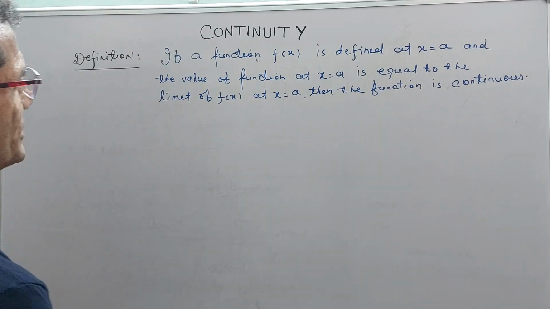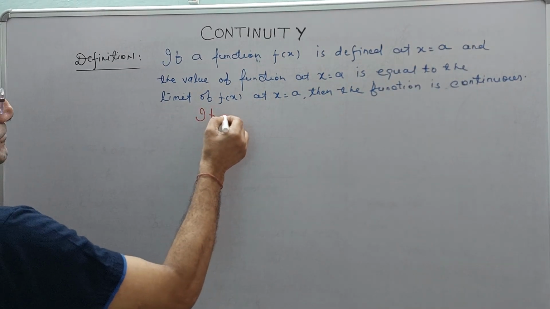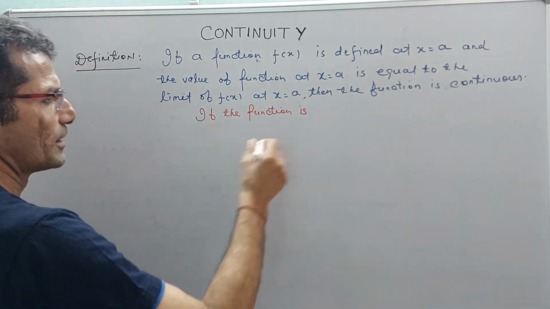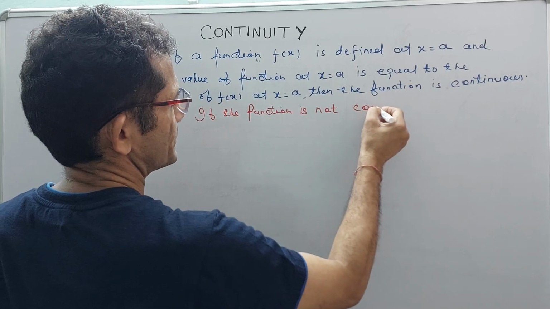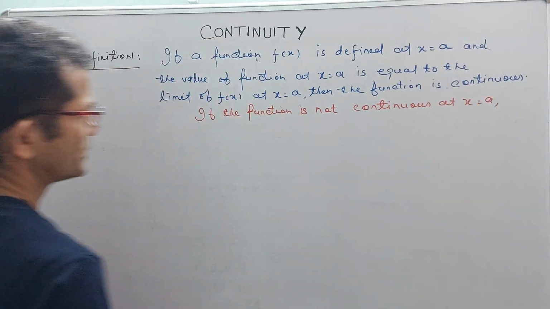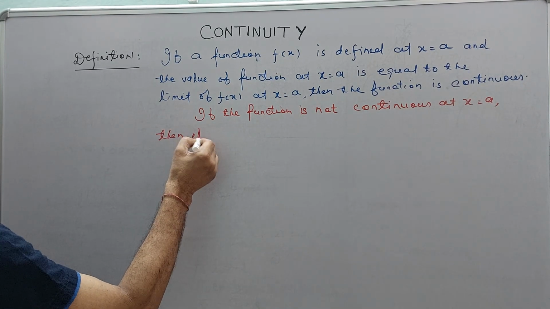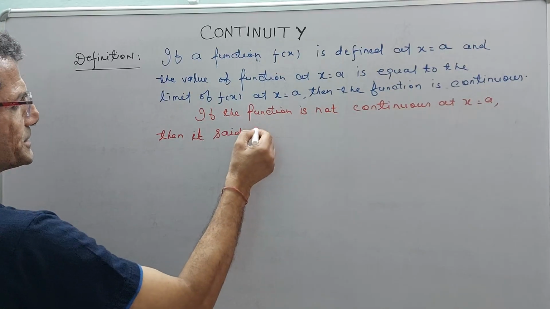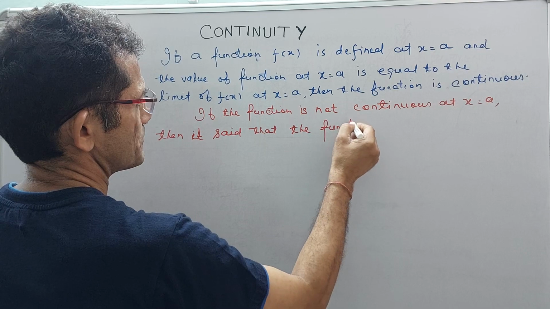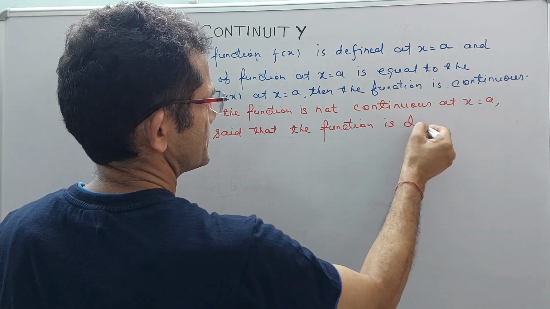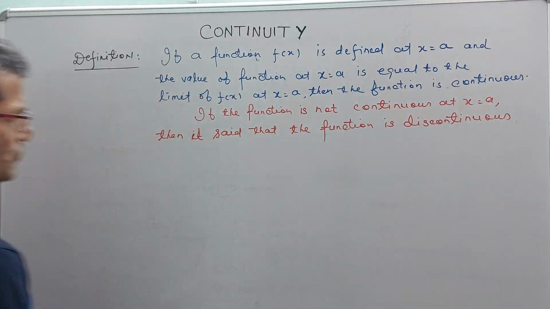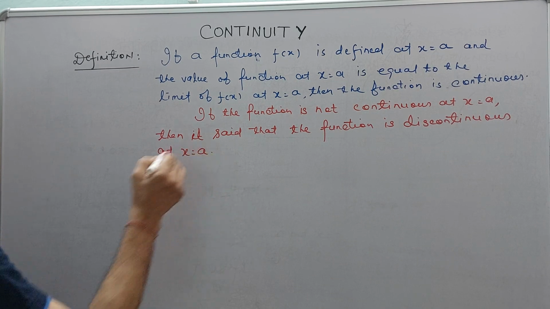And in the other way, if the function is not continuous at x equal to a, then it is said that the function is discontinuous at x equal to a.